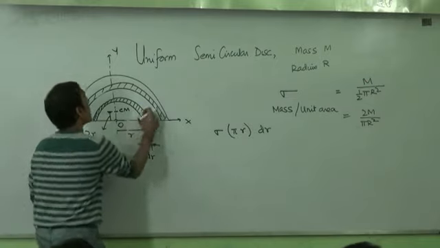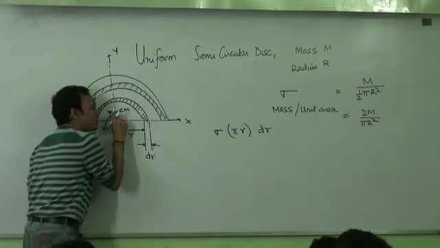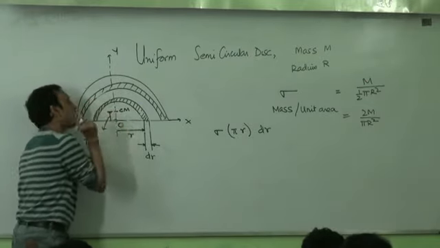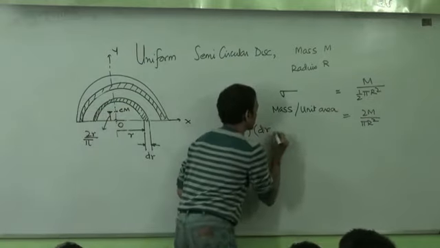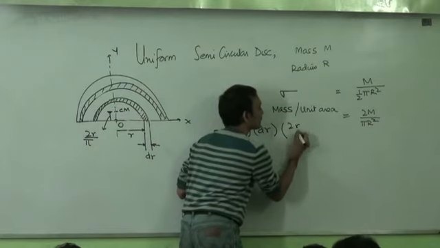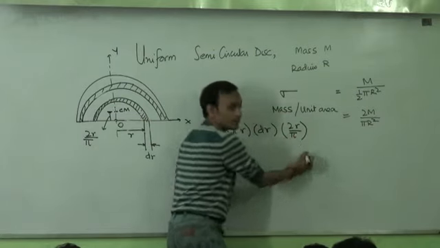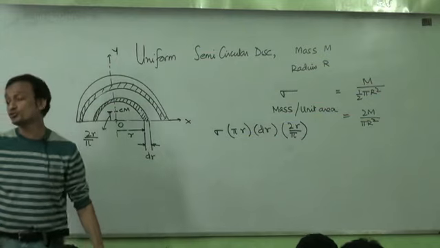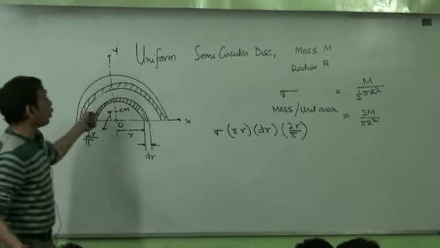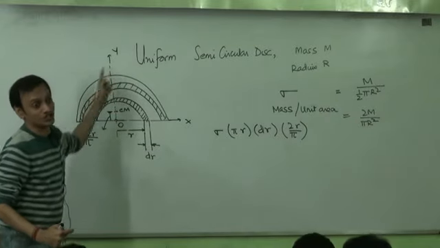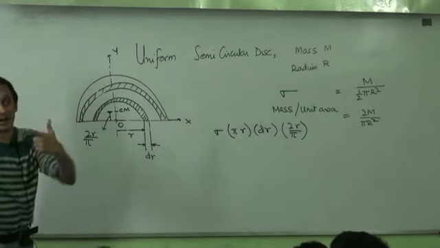So I have mass of this into the y of the center of mass of this. Y of the center of mass of this is 2r by pi. And we need to do a calculation of this kind for all the rings that constitute this disk and sum them up.